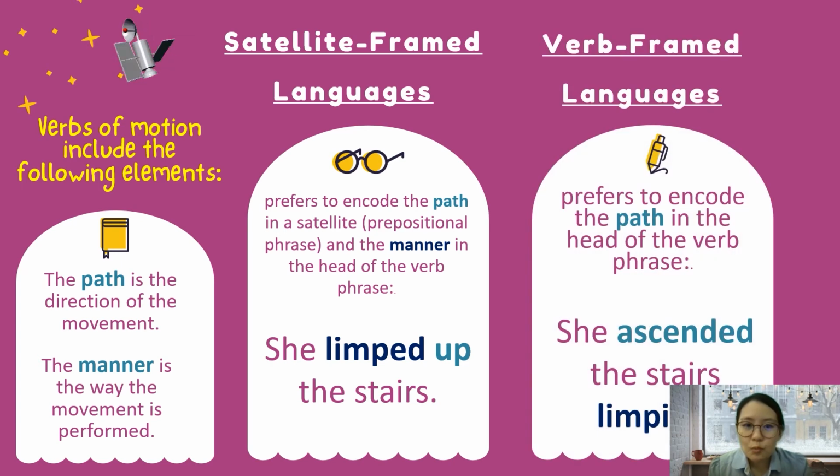Another example is the verb-framed languages. Verb-framed languages prefer to encode the path in the head of the word phrase. For example, she ascended the stairs limping. Here, ascended encodes the path and limping encodes the manner.